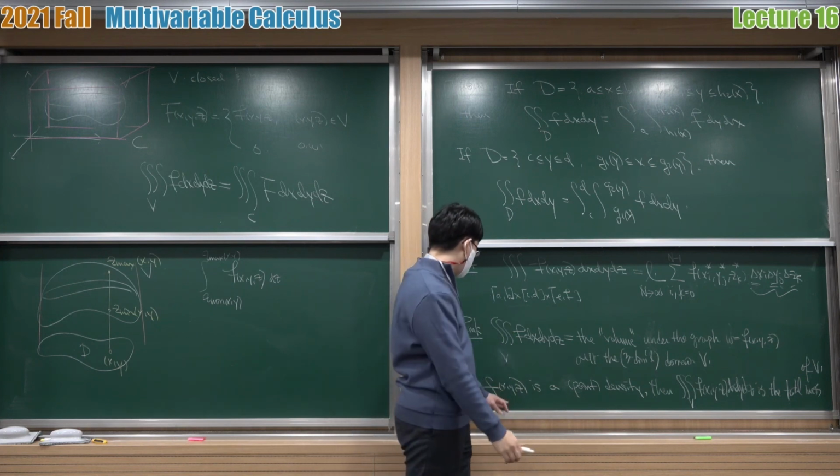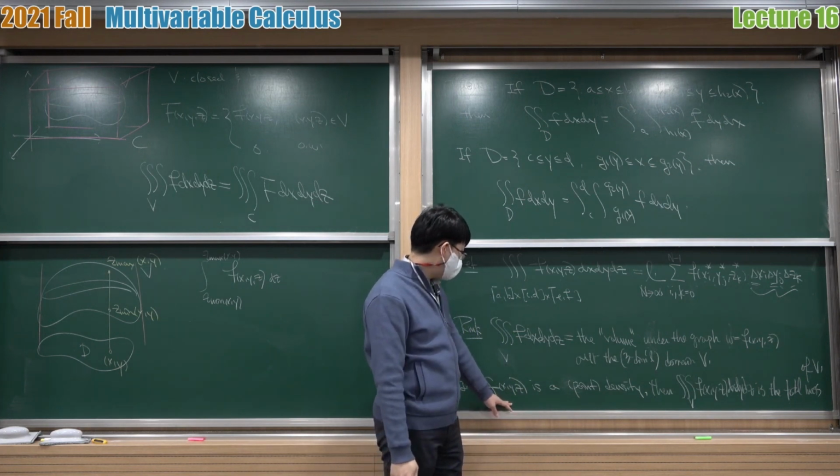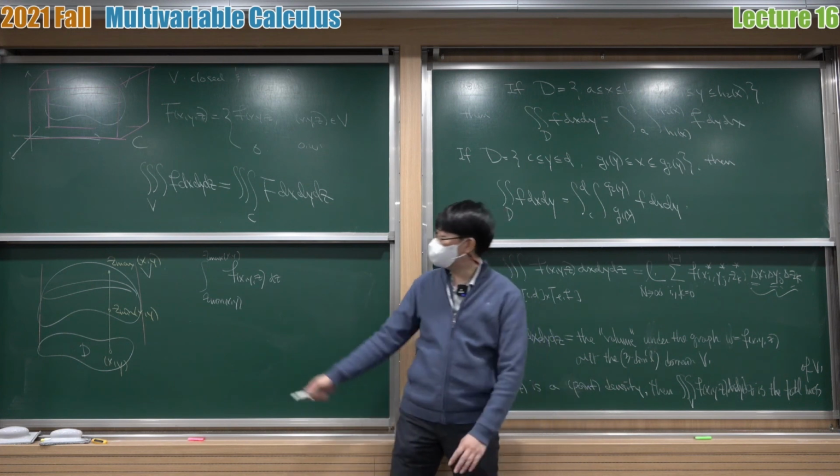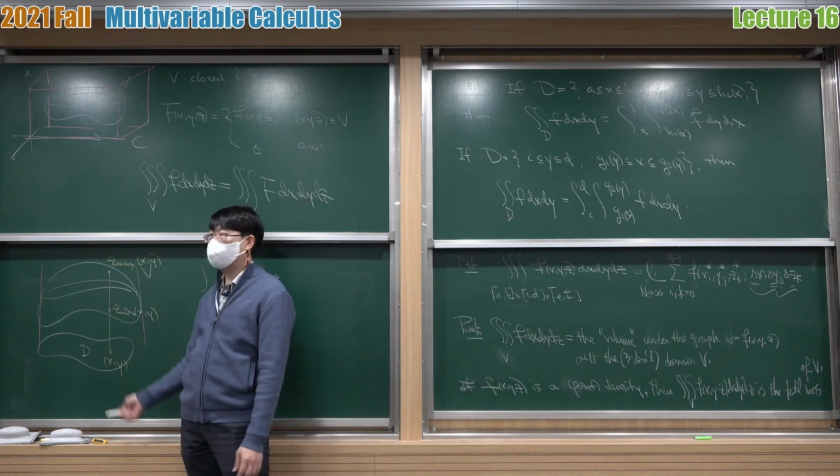For example, if I have f as the point density, what do I get by taking the integral over z?